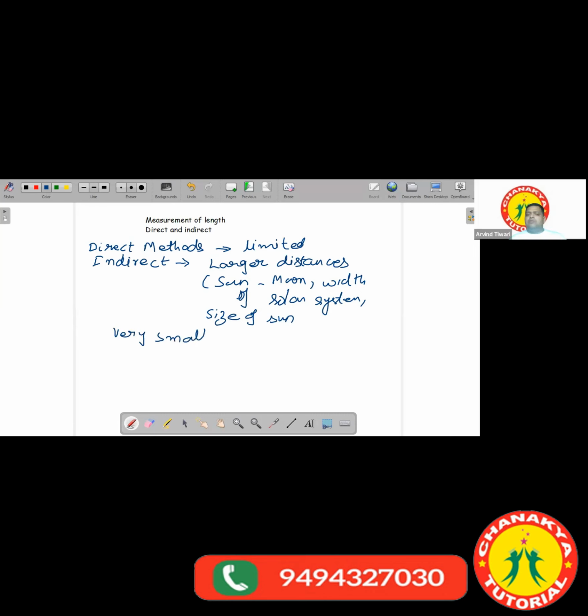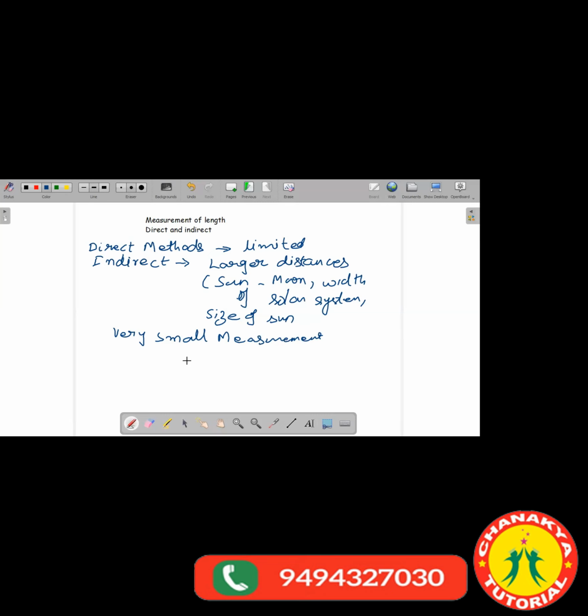Suppose we want to make a very small measurement. We cannot use a direct method. For example, suppose I want to find out the thickness of hair, the diameter of hair, or the thickness of a wire. Those are very small measurements.